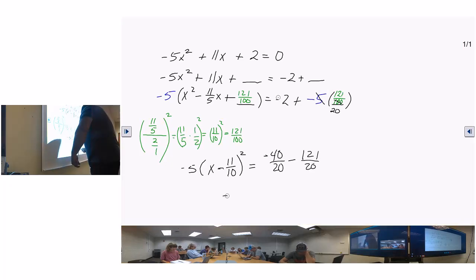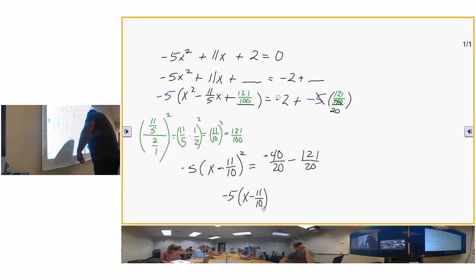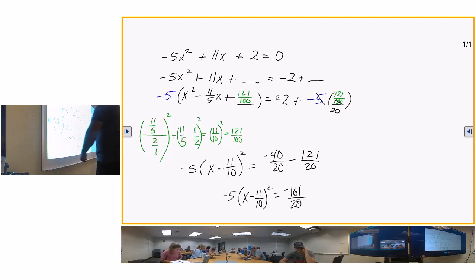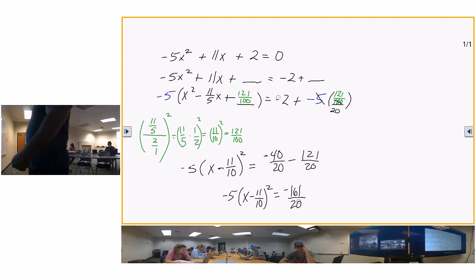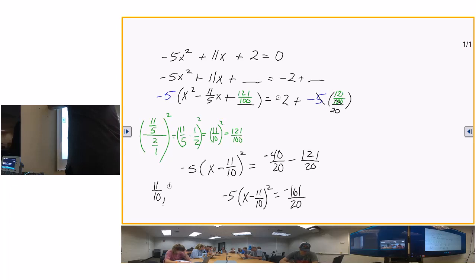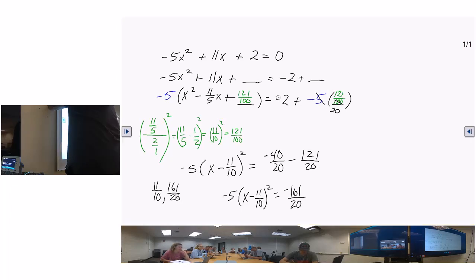That's negative 5 times (x - 11/10) squared is equal to negative 161 over 20. Check me. So that means our vertex is (11/10, 161/20). That's our vertex.